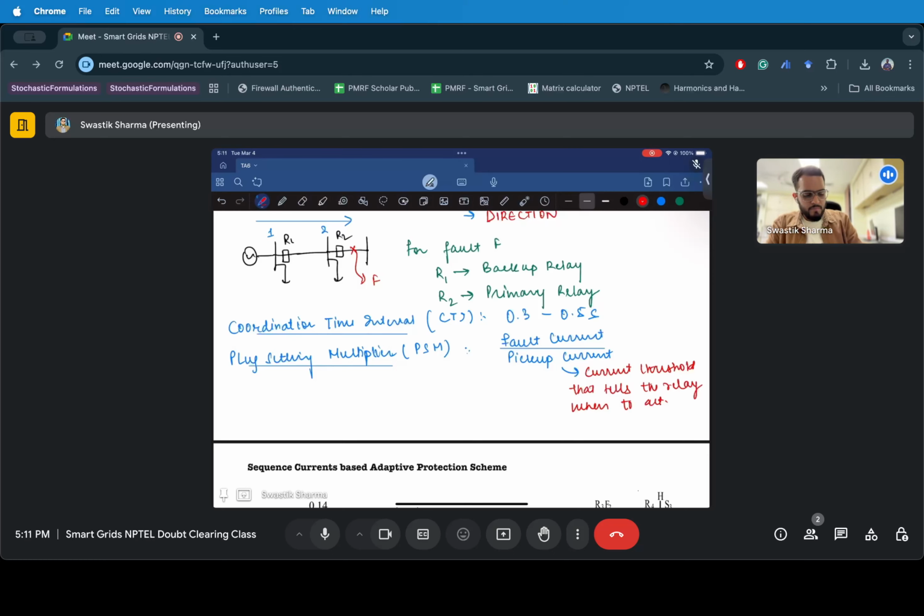So having this multiplier, I can tweak it in such a way that, let's say my PSM is 1.2, right? So 1.2 of my I pickup, then it acts only for a fault current of 1.2 times the pickup current.